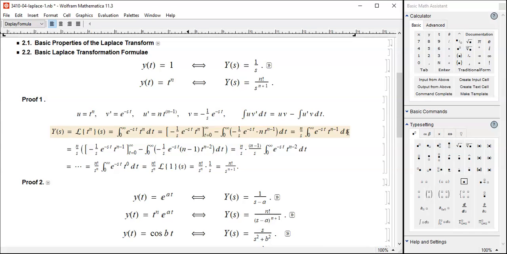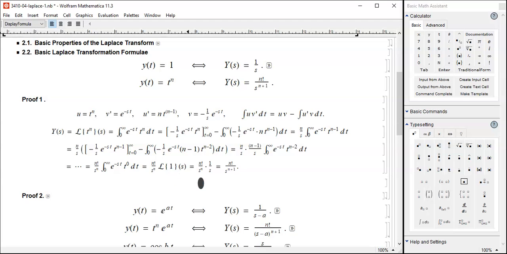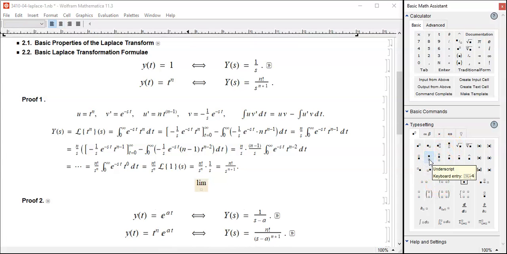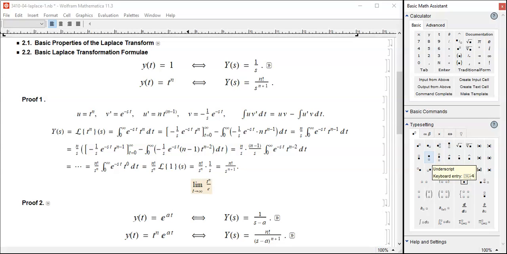T to the nth power over exponential. That's what I'm talking about. Limit as t goes to infinity of t to the nth power over e to the s times t power, where s is positive.